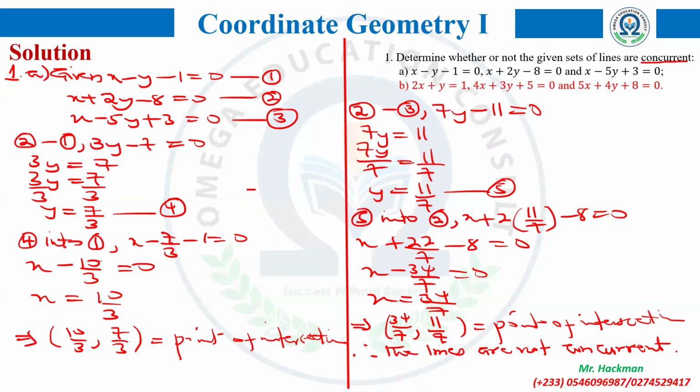Yes, please. Would there be a situation where the lines can produce 2 x coordinates or 2 y coordinates? A line has a lot of x coordinates and a lot of y coordinates.